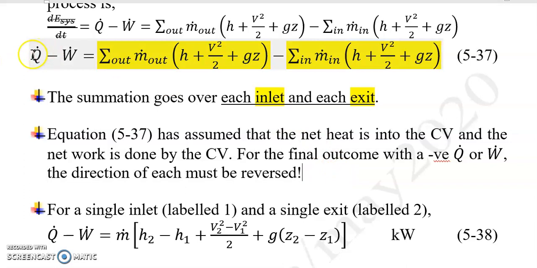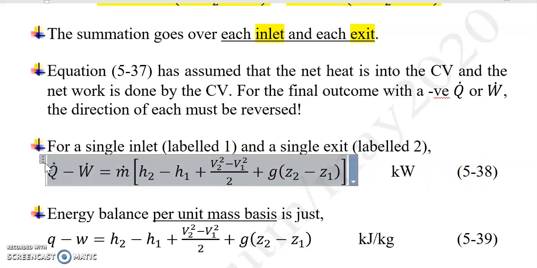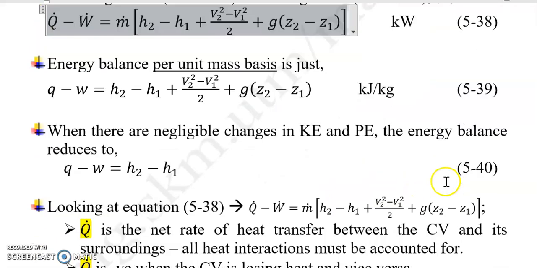Check out what this means. For a single inlet label 1 and a single exit label 2, we have this equation. So, single inlet, single outlet, so mass flow rate is the same. Conservation of mass: mass coming in equal to mass going out. You factor it out, you get 538. Per unit mass basis, you get 539.